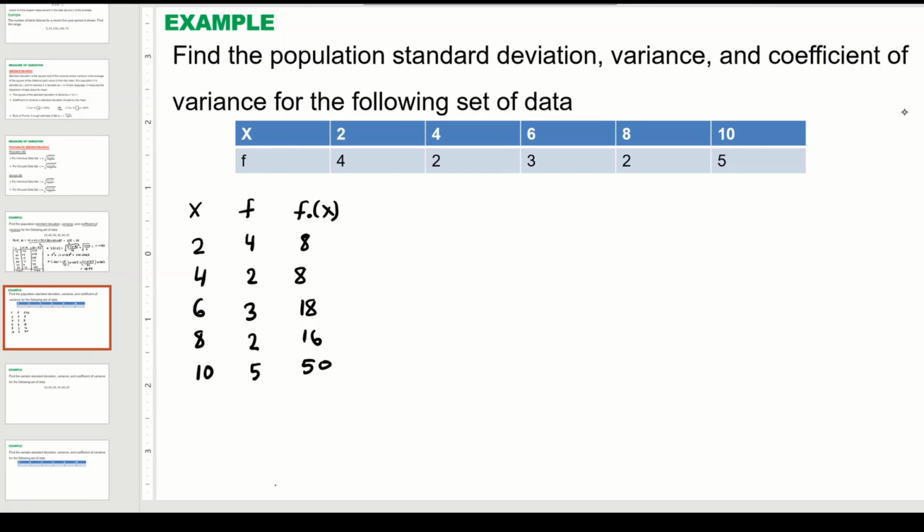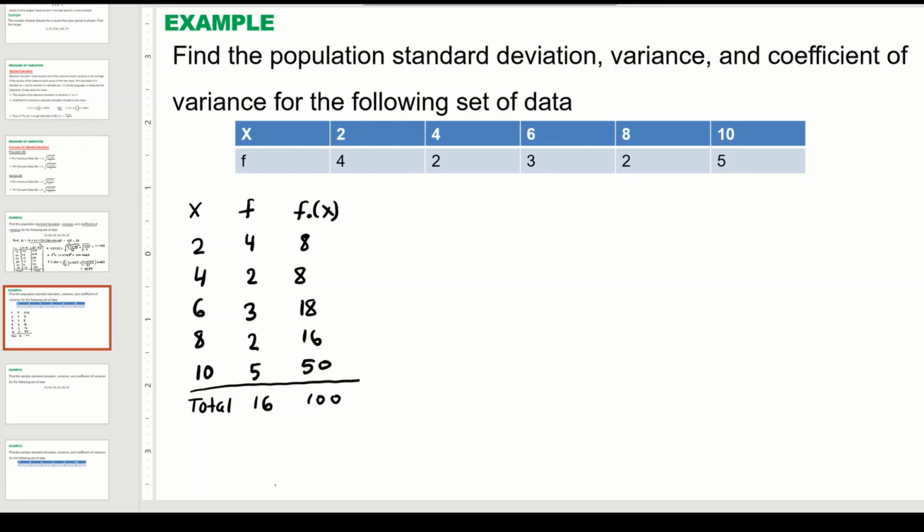Let's add them together because we are in the process of finding the mean first. If we add all frequencies, 4 plus 2 plus 3 plus 2 plus 5, it is 16. Then 8 plus 8 plus 18 plus 16 plus 50 is 100.